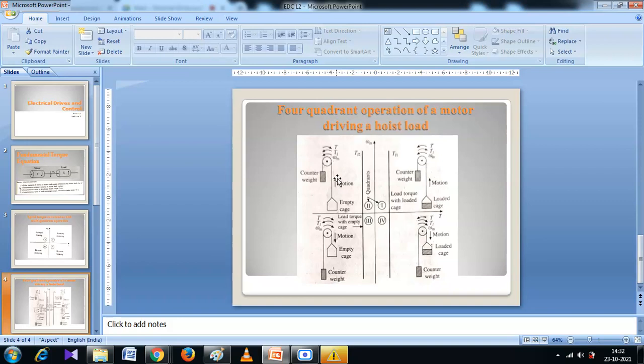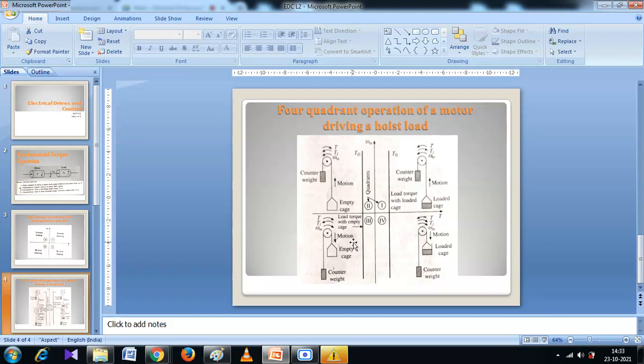So the speed is positive, but the developed torque is negative. Now tell me, what is the sign of power at that time? Negative, sir. Good. Because the developed torque sign is negative and the rotation sign is positive, the product of these two becomes negative.